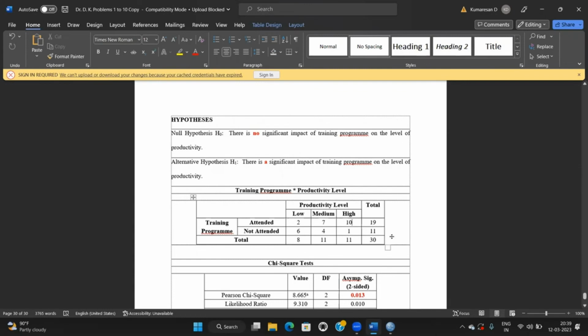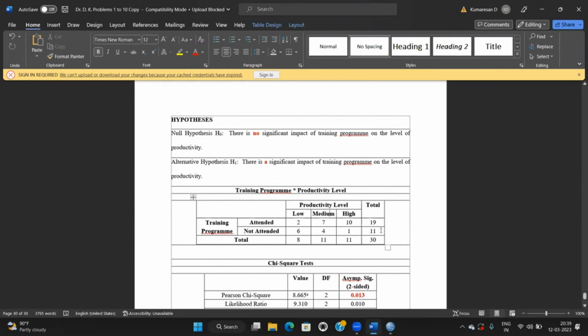There are 11 employees who have not attended the training program. Out of them, the level of productivity of 6 employees was found to be low. And the productivity level of 4 employees is medium. There is only 1 employee who has given high productivity level.